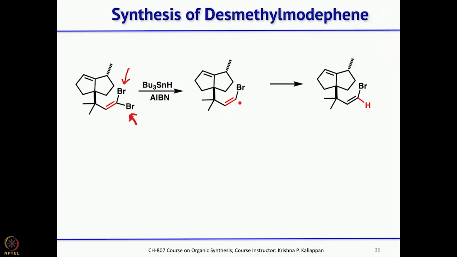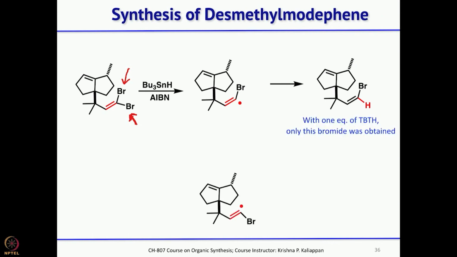So what will happen? It will take up hydrogen and simply be reduced. And this also does not isomerize. He thought this would isomerize to the trans compound, and the trans compound can undergo the 5-exo-trig radical cyclization. But the isomerization did not take place.